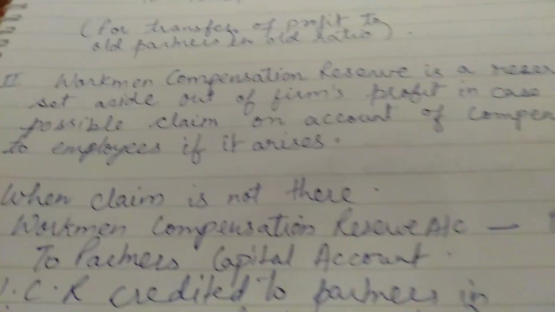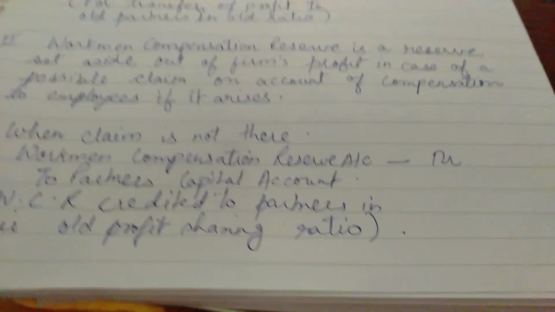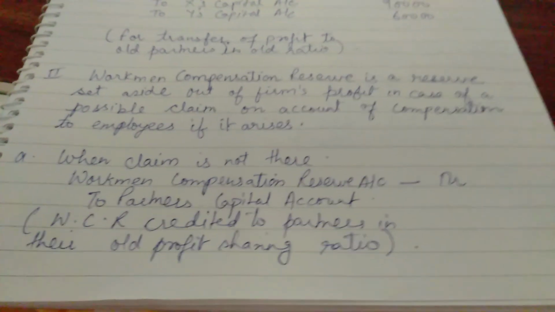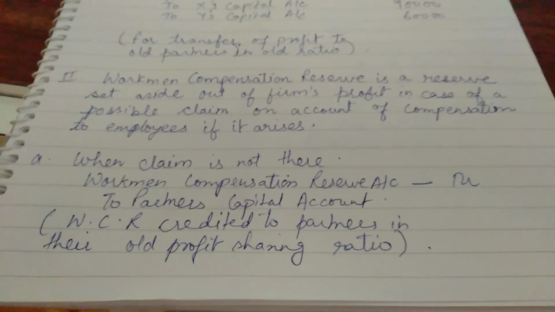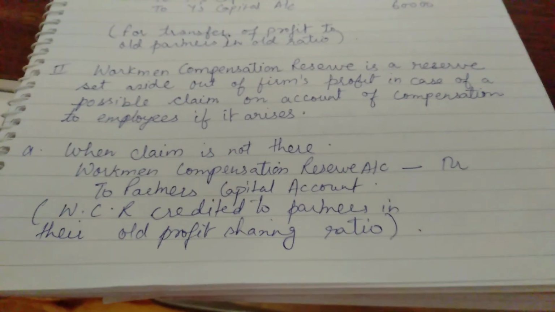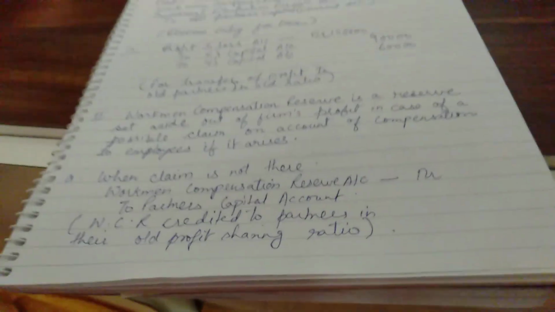So look, firstly, when there is no claim, fortunately there was no accident, so there is no claim by the workers. The simple entry, which I explained first: workmen compensation reserve account debit to partners' capital accounts in old profit sharing ratio. Second, when there is a claim.